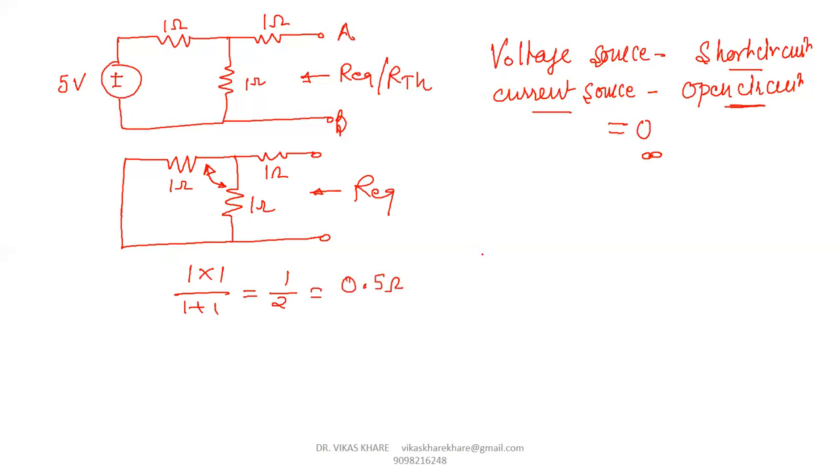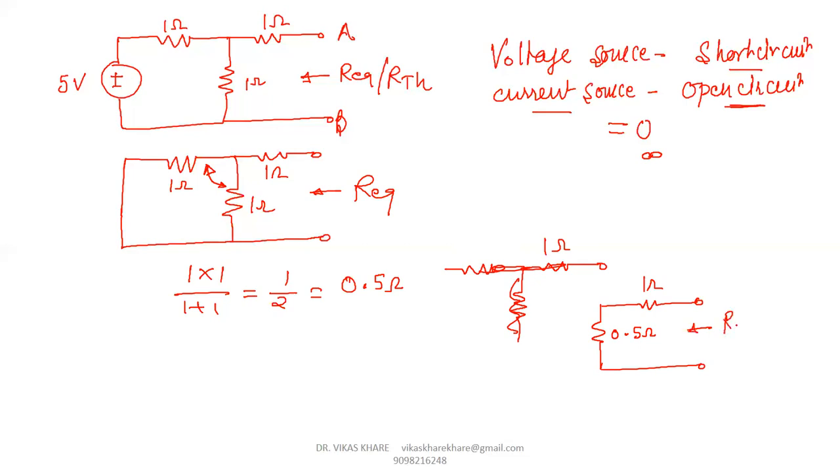In the next case, the 0.5 ohm is connected in series with the 1 ohm, with 0.5 ohm in this position and 1 ohm at this position.